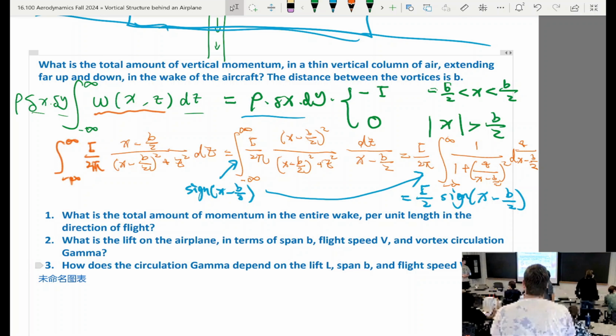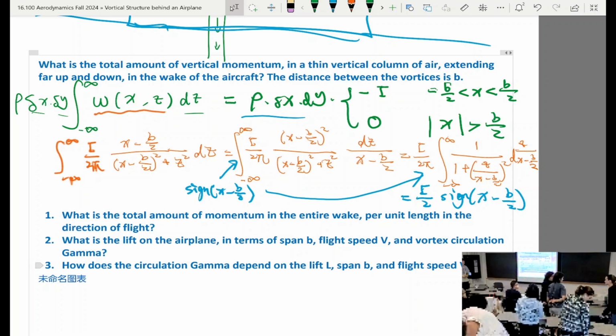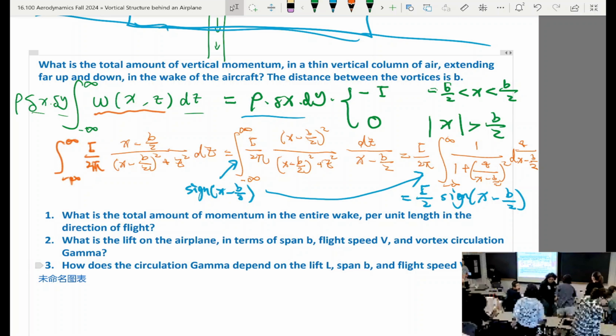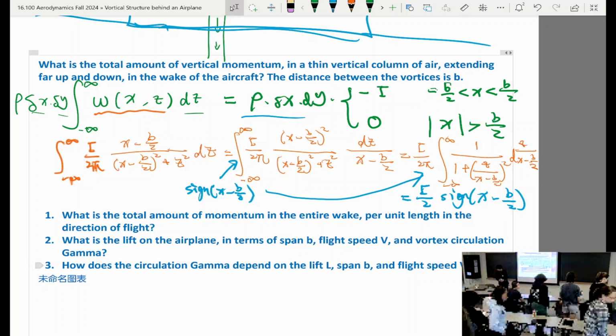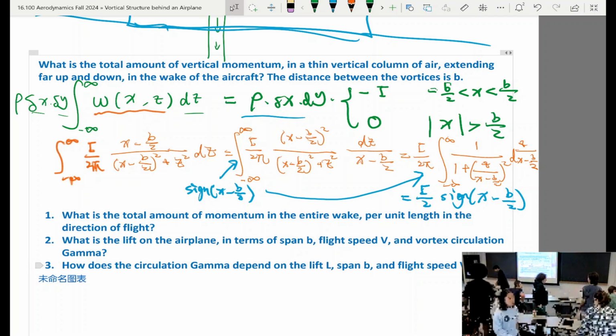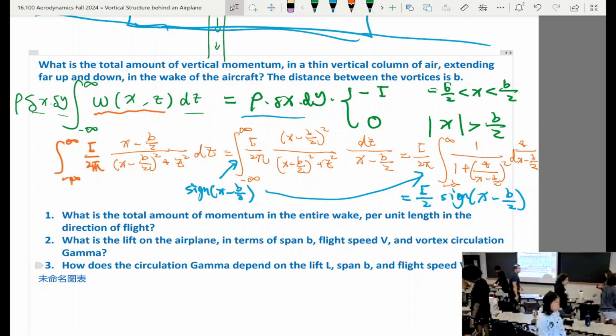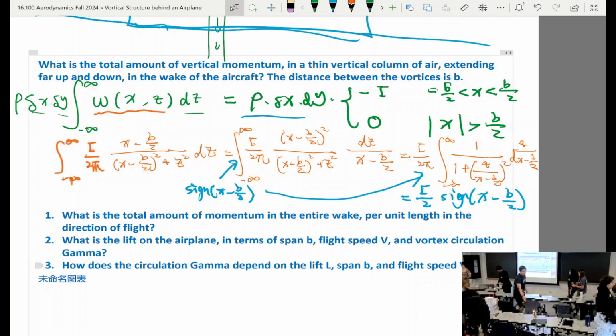If you want white, there are still white over here. White chalks are here, colorful chalks here.